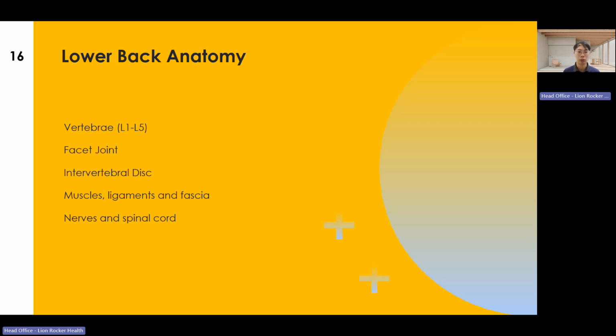Then it causes a muscular problem as well, as the muscle, let's say, contracts too fiercely, it will probably cause the disc to have excess pressure that causes the disc to come out and slip. That causes a nerve impingement, potentially spinal cord impingement as well.